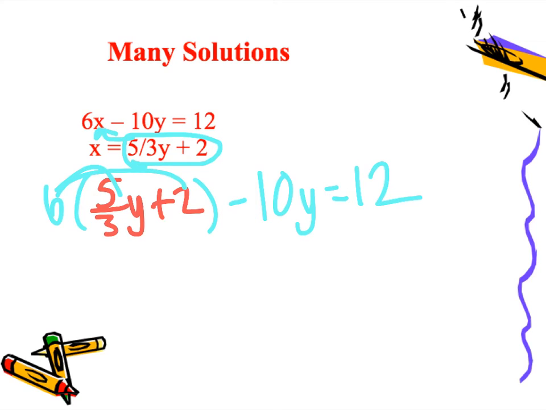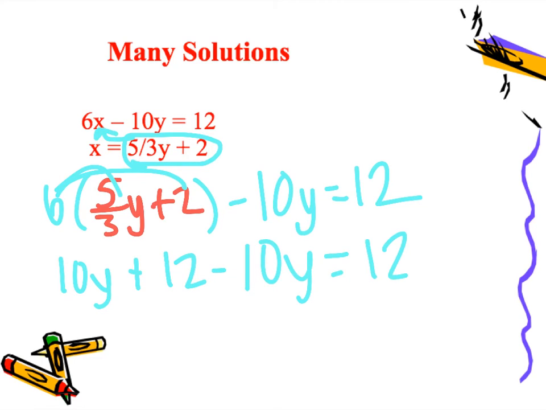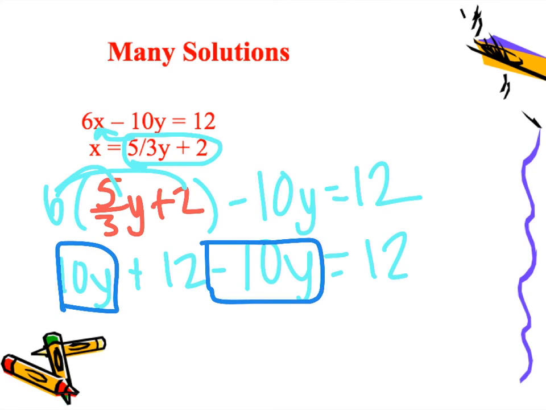Distribute, and I get 10y plus 12 minus 10y equals 12. If we combine like terms, I have a 10y minus a 10y, so that reduces to 0, and I'm left with 12 equals 12. Well, this statement is always true, so that means we're going to have many solutions. We don't have to substitute it back in or anything. We can just stop there knowing that we'll have many solutions.